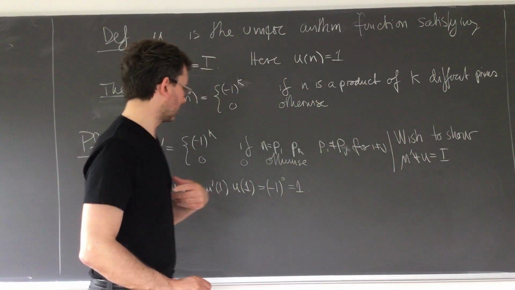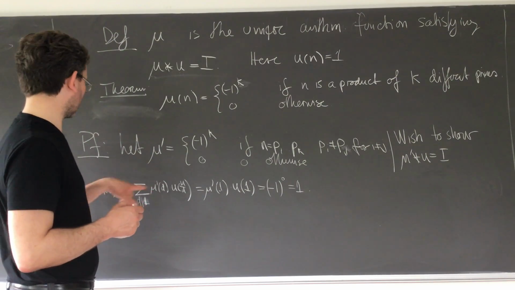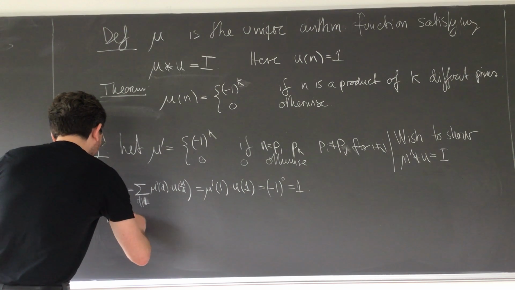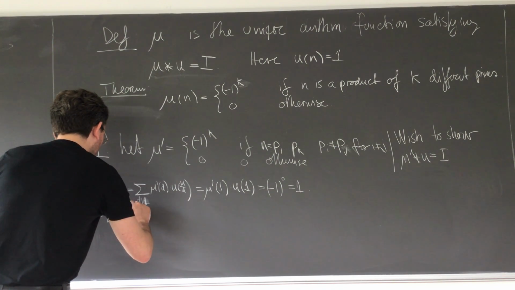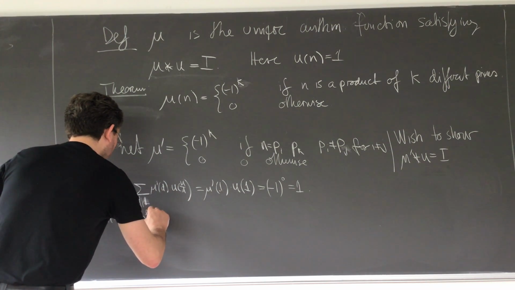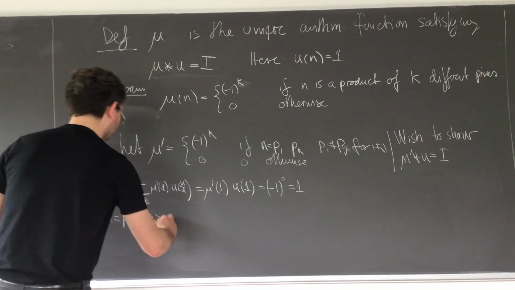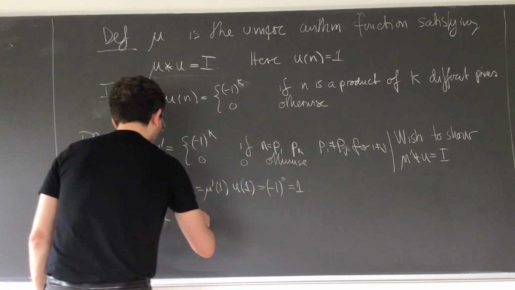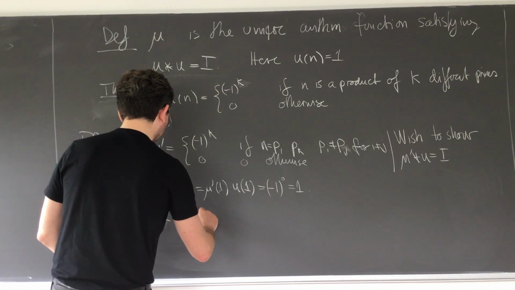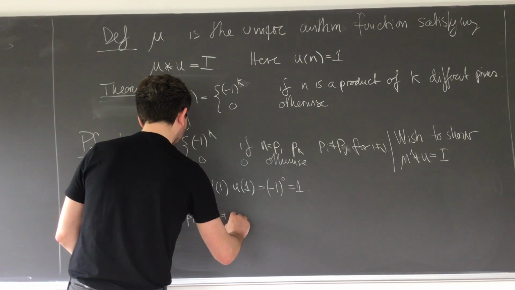Now we just need to prove that if you take an n which is bigger than 1, then the convolution will give you 0. So we let n be some number p1 to the L1 times up to pk to the Lk, which is bigger than 1, and let's assume that these are different primes, so p_i is different from p_j for i different from j.